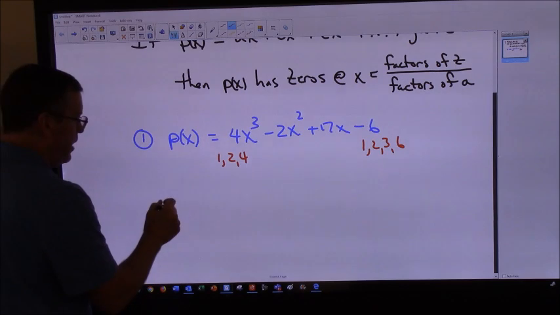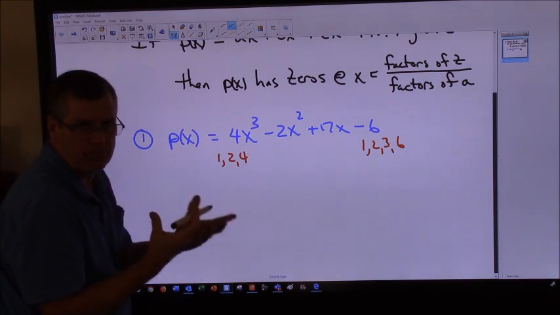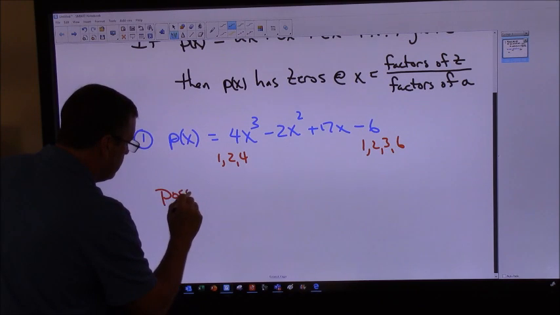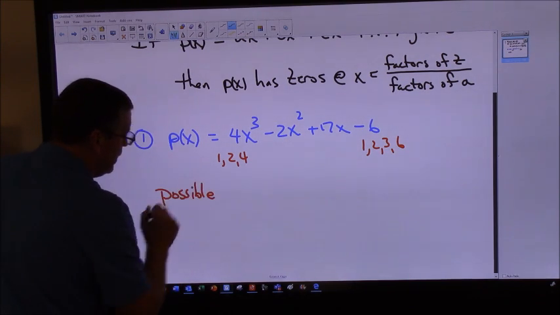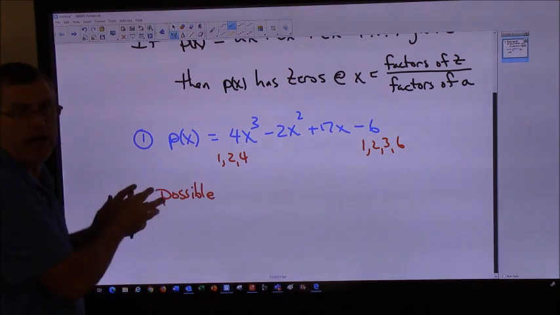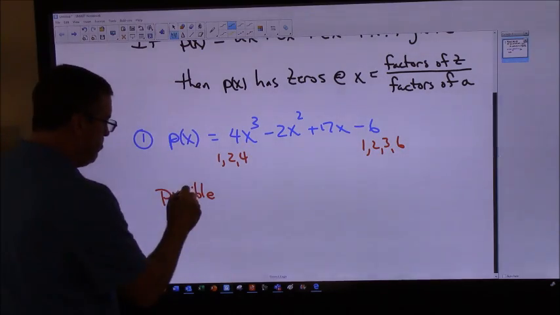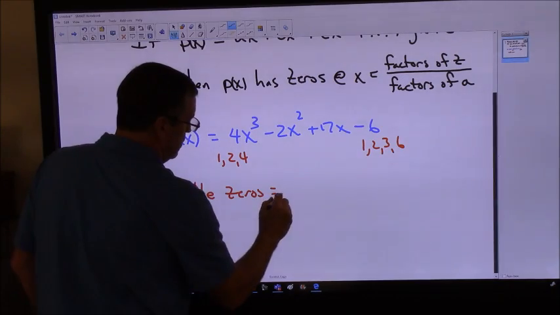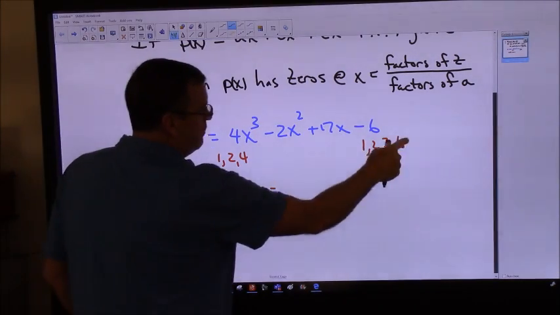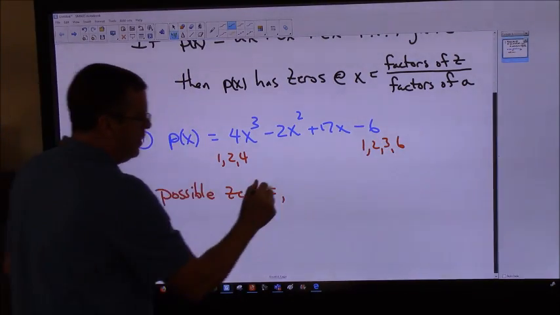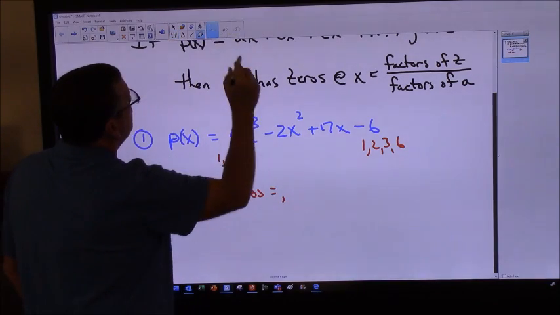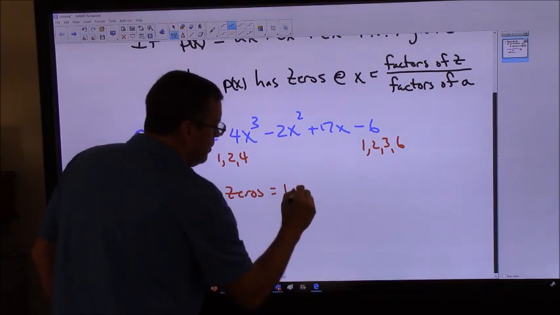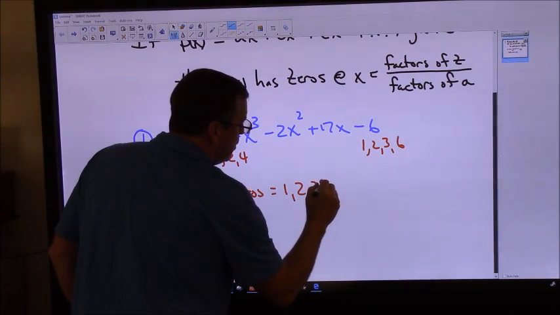And so what I'm going to say is that my possible rational roots, it doesn't mean that all of these are, it means it's possible that some of these are. Possible zeros. Well, let's see. If all of these numbers are divided by 1, we just get that same list that we have there. So we're going to have 1, 2, 3, and 6.